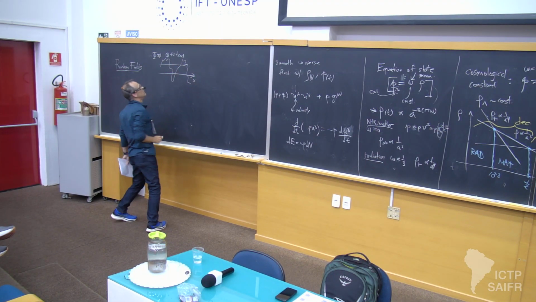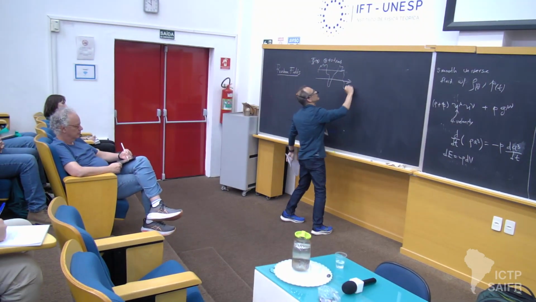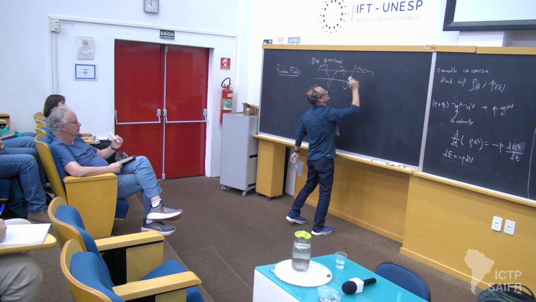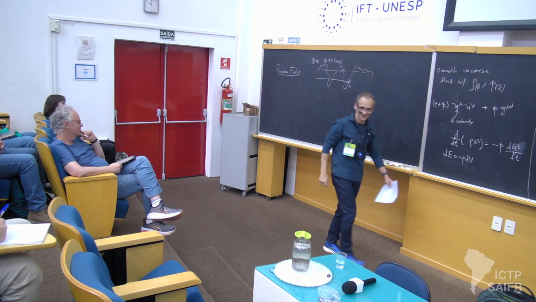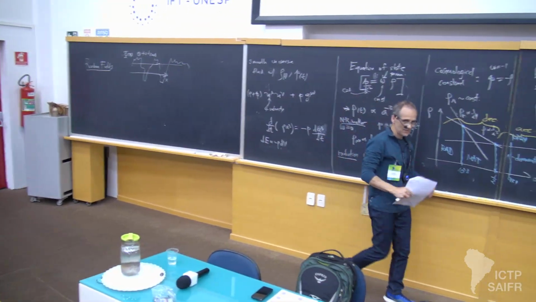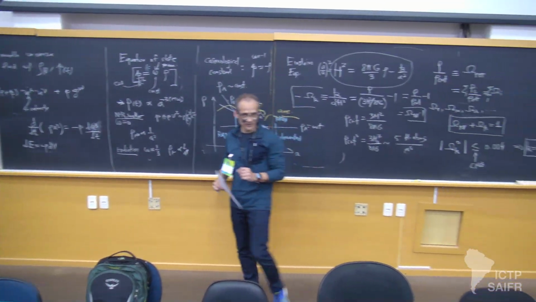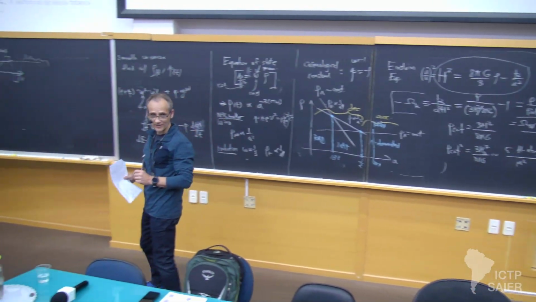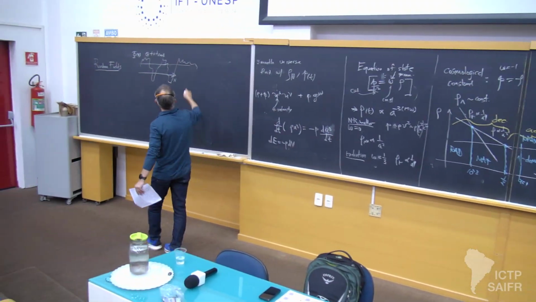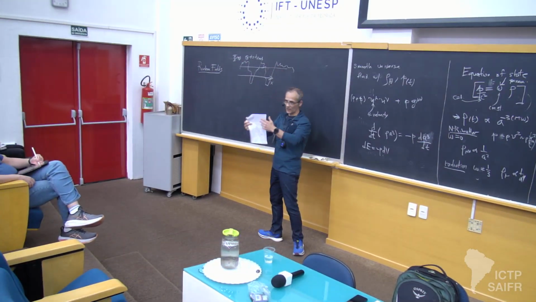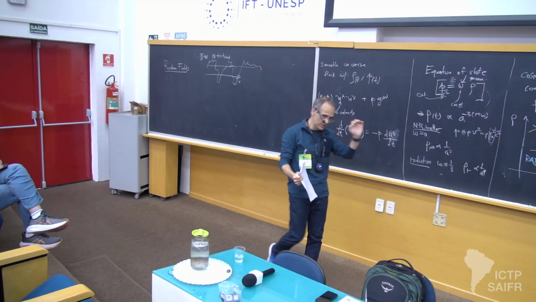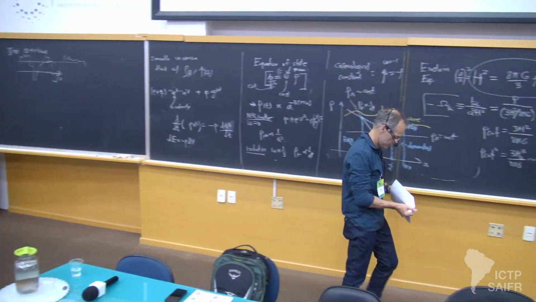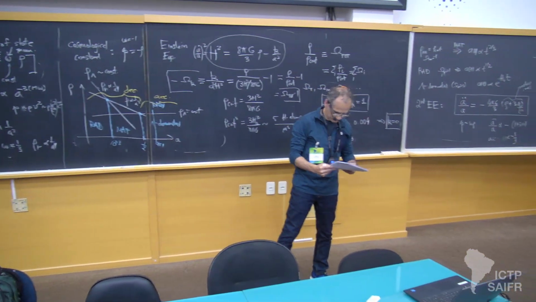So I'm doing my best to draw a random field. It is something that is not completely crazy, despite my drawing. There are correlations between neighboring points, and correlations will decay with distance in some very specific manner. So that's what we're going to study.